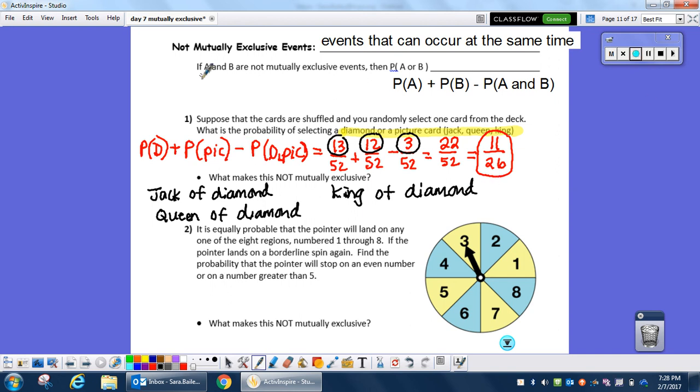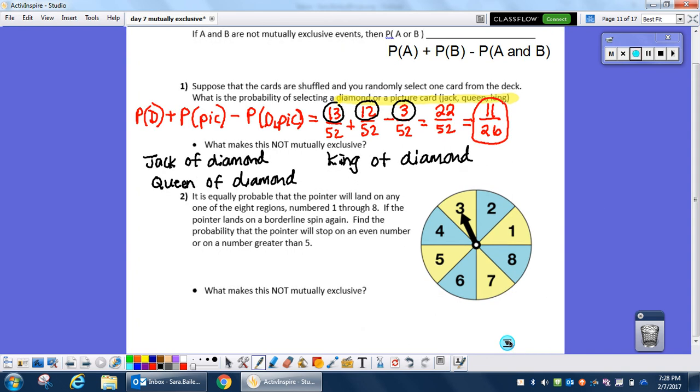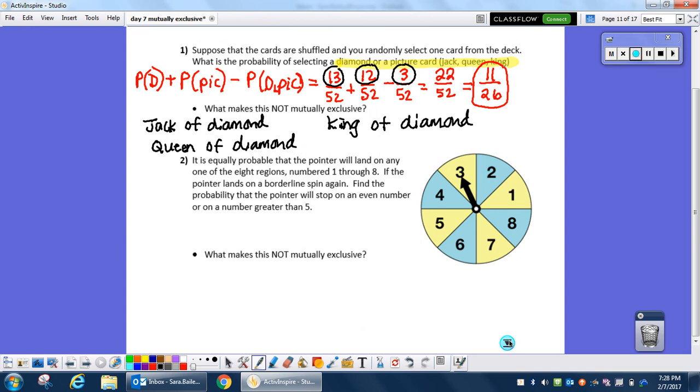Alright, and then a lot of times you'll see the card problems, the dice problems, or the spinner problems. So this is equally probable that the pointer will land on any one of the 8 regions. If the pointer lands on the borderline, you spin again. Find the probability of an even number or a number greater than 5.